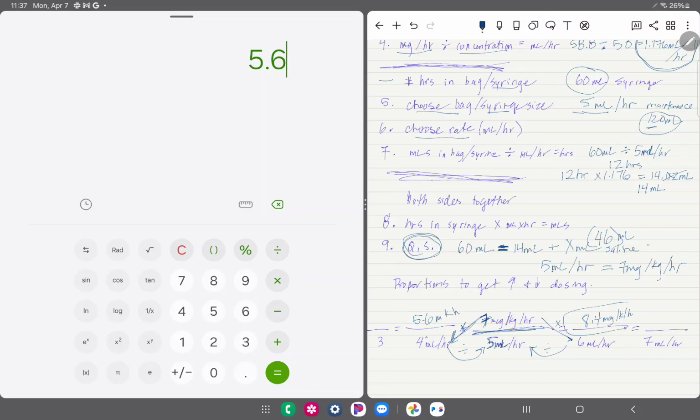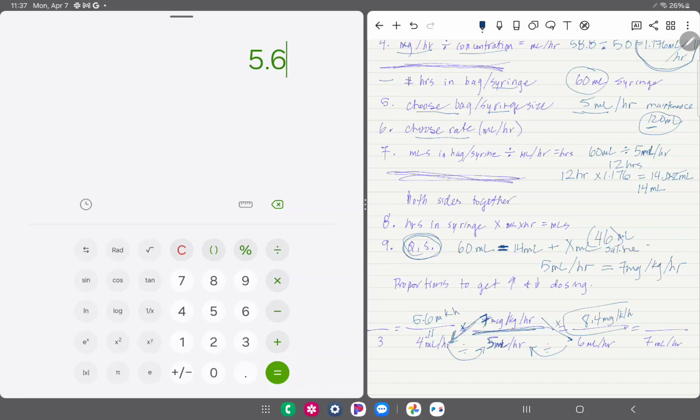So now I know, I said I turned it down to 4 mils an hour, which is equivalent to 5.6 mic per kg per hour. And the dog calmed down. He wasn't as dysphoric. He wasn't as narcotized. He wasn't as obtunded, whatever you want to say.